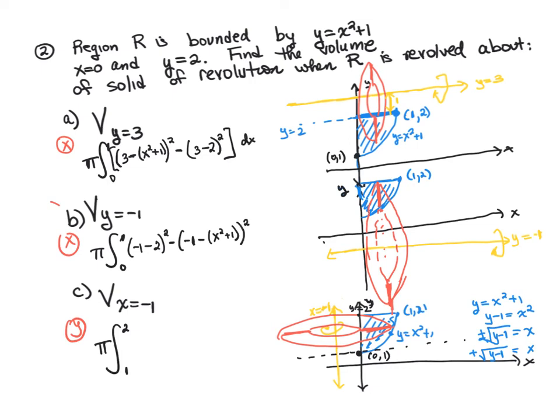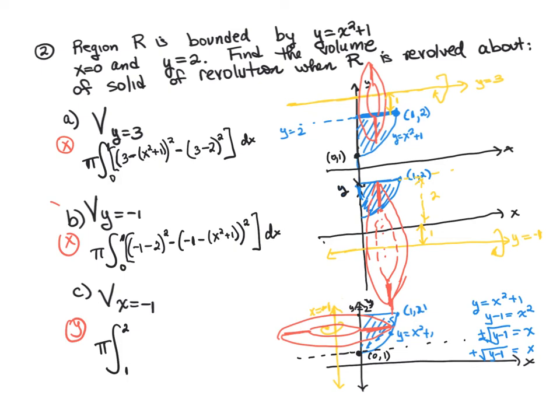Don't forget your dx, and put this in brackets. So let's see what this is saying. The outer radius is always 3 away. It makes sense because this distance from the axis of revolution to the x-axis is 1, and this distance is 2, so the outer radius will always be 3.